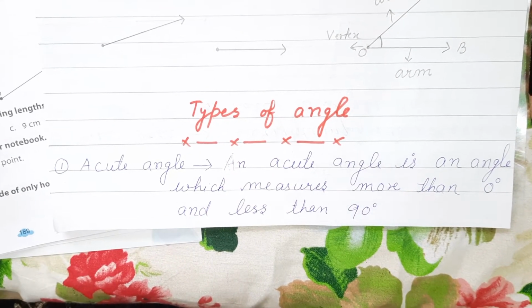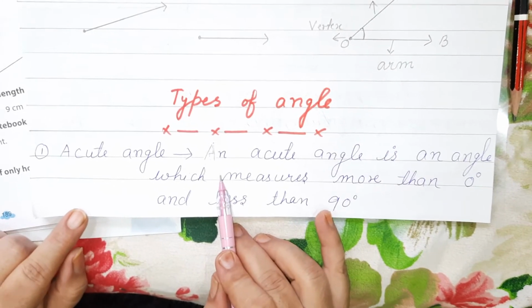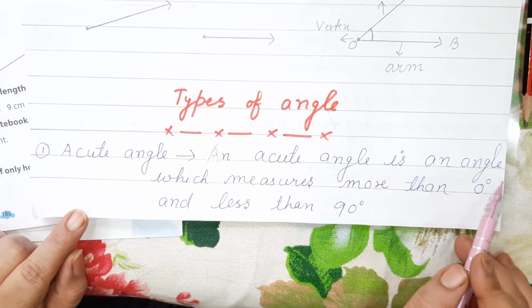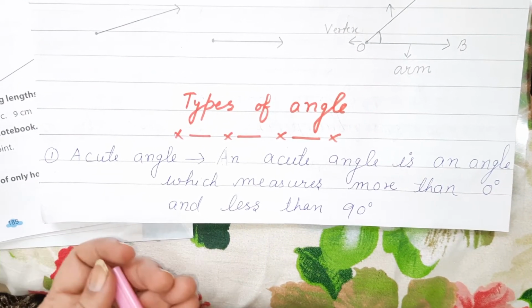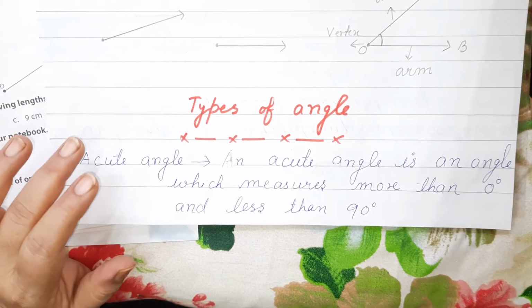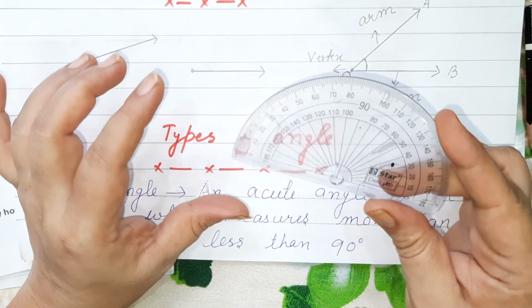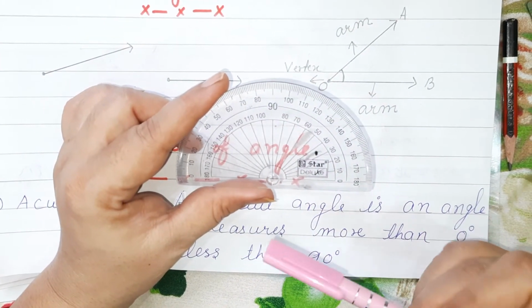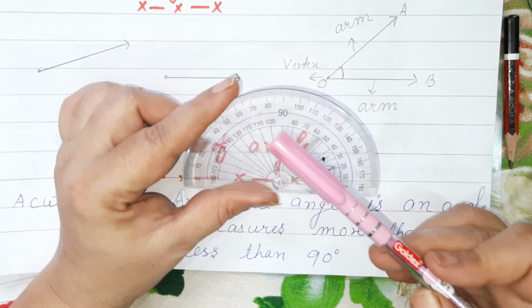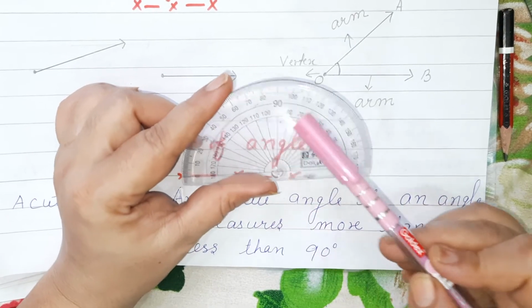First is acute angle. An acute angle is an angle which measures more than 0 degree and less than 90 degree. Students, first of all, I will tell you how we measure an angle. We measure an angle with the help of a protractor. We have two scales in a protractor, inside and outside.